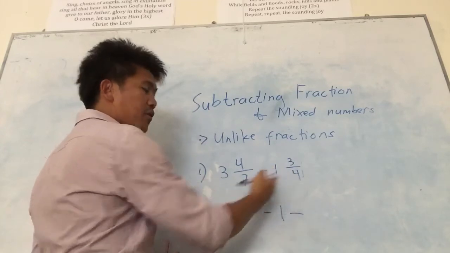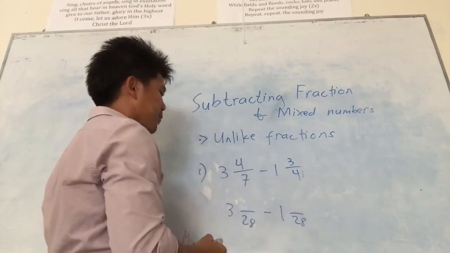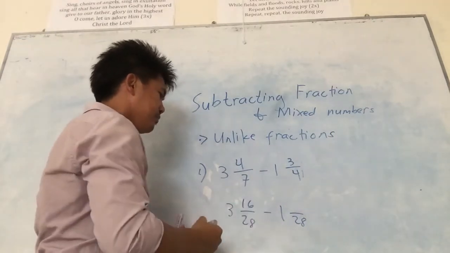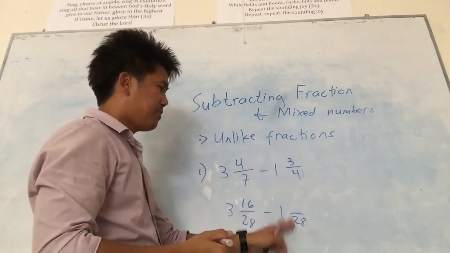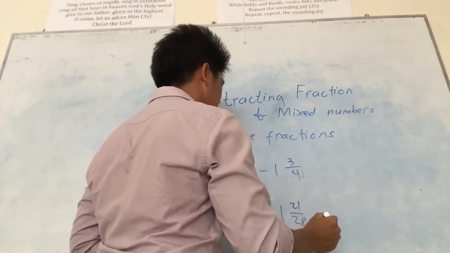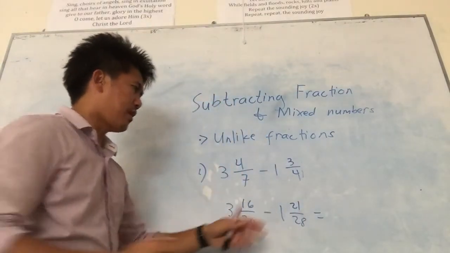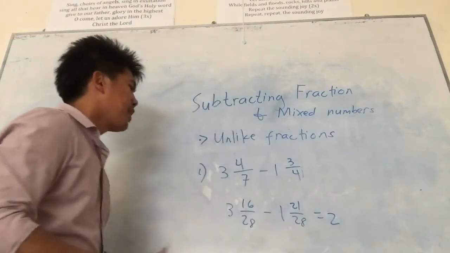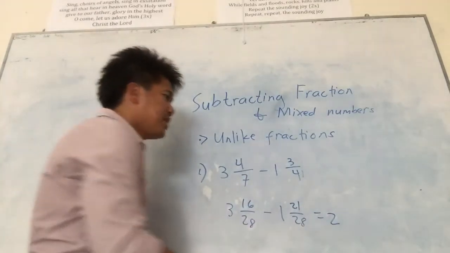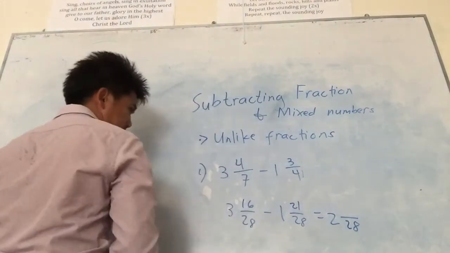Okay, then the LCD of 7 and 4 is 28. 28 divided by 7 is 4. 4 times 4 is 16. Okay? 28 divided by 4 is 7. 7 times 3 is 21. Alright. So 21. You see? 3 minus 1 can. That's 2. Okay? But 16 minus 21 cannot. So it means that there is a borrowing step that is involved here.